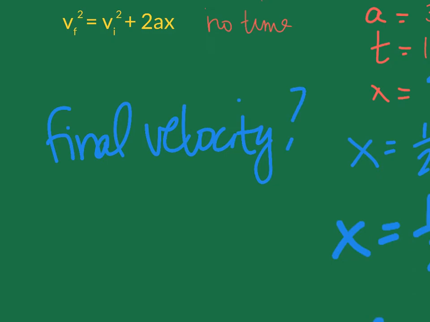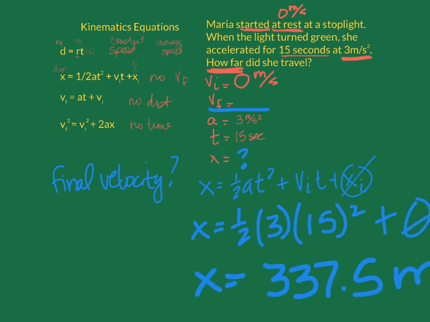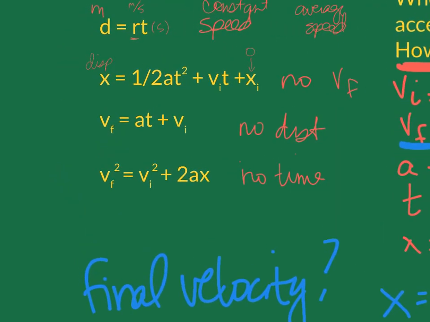Okay, so this brings up an interesting thing because there are many roads to Rome. Okay, and we're going to do it both ways. All right, so we're going to get a clean page. Okay, we see that there are actually two of them that have final velocity in them.